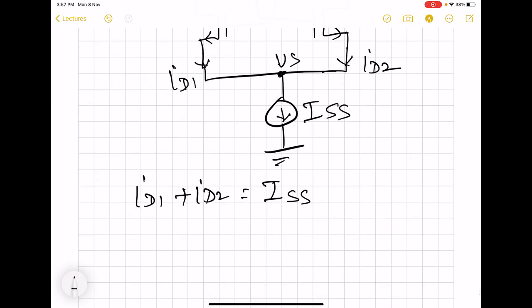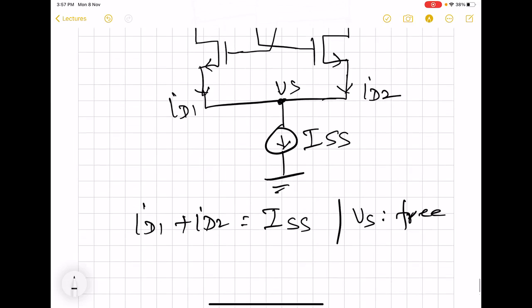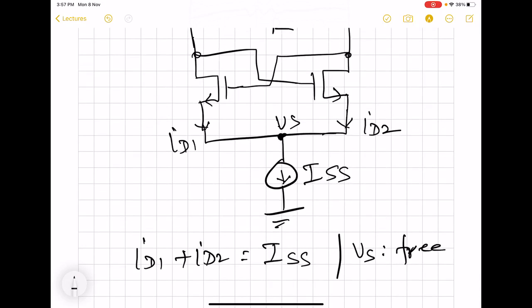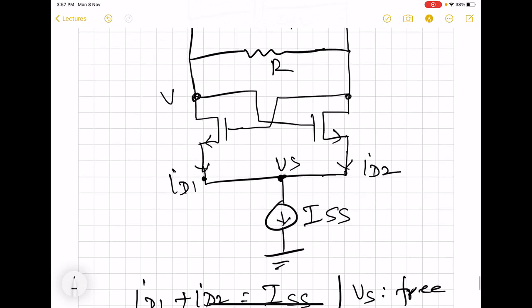But now this VS is free. So this will not be at 0 volt or any constant voltage. So there will be a fixed DC voltage. But for the AC voltage, VS is of course going to be 0 because the two drain voltages, VX, are always of the same magnitude and opposite phase.